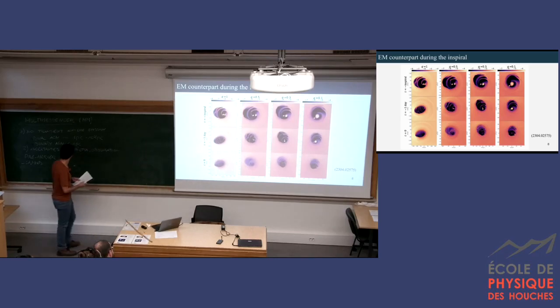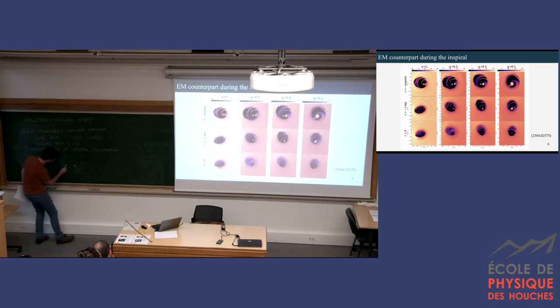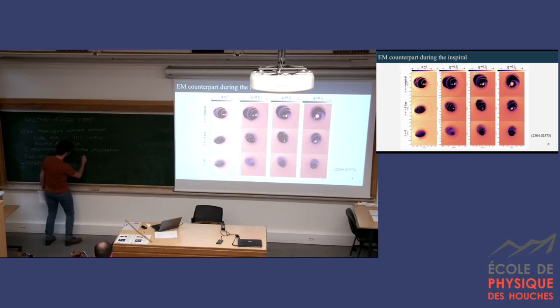The idea is that the mini disks, the streams of gas, and the circumbinary disk all emit at different wavelengths. For example, the circumbinary disk will typically emit in optical, the streams of gas will emit in UV, and the mini disks are typically expected to emit in X-ray.